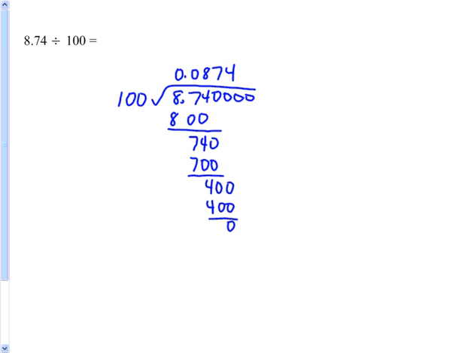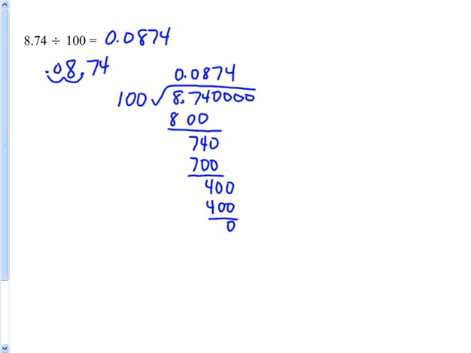Now, what you'll notice is, take a look at the original question and take a look at the answer. What you'll notice is if I take my original number, 8.74, and I move my decimal over once, twice, I get the answer.